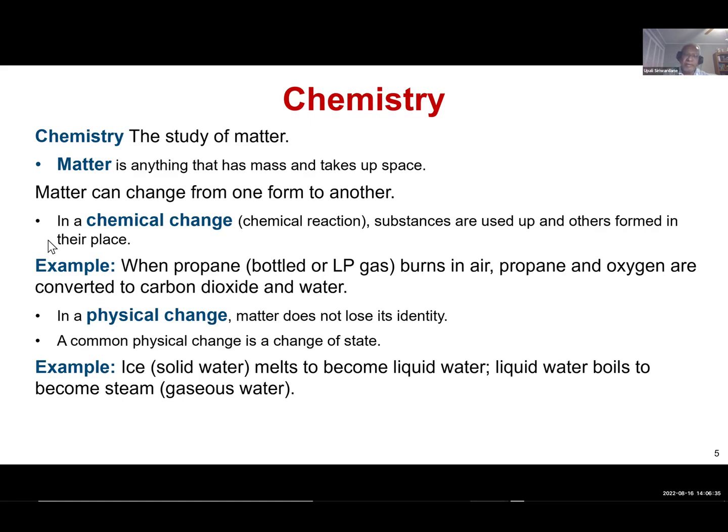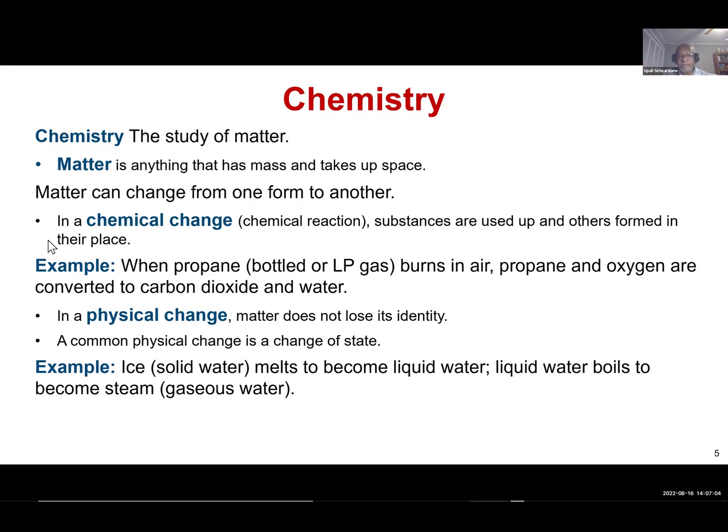In a physical change, it's only a change in the state. Physical change is a melting. Water, as an example, H2O. When ice melts, solid water, which is called ice, changes to liquid.